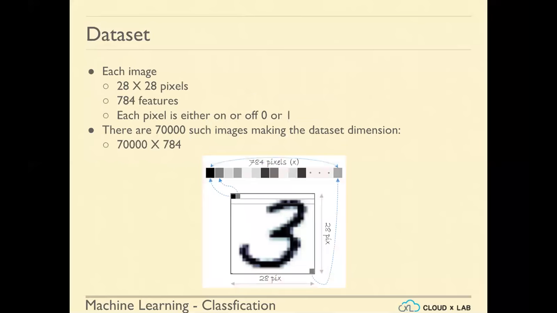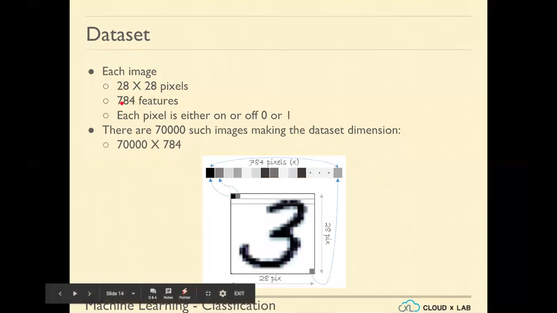Each image in this data set is 28 by 28 pixels, and the interesting part is that we are going to consider each dot as a feature. It's a black and white image made up of these many pixels, 28 this side, 28 this side. If we consider each pixel as a feature, each pixel's value will be either on or off.